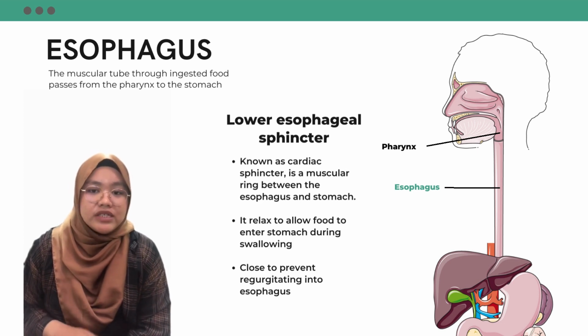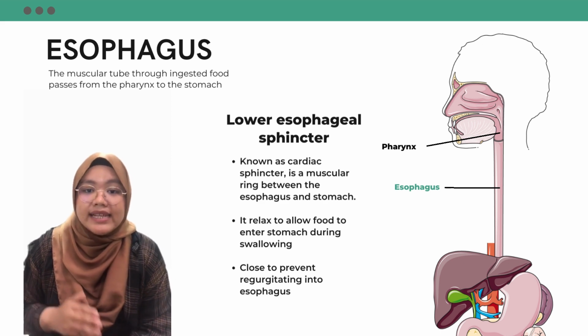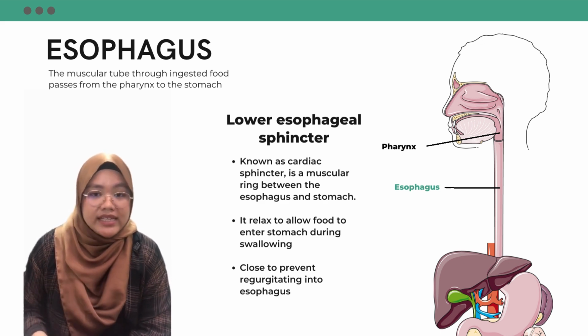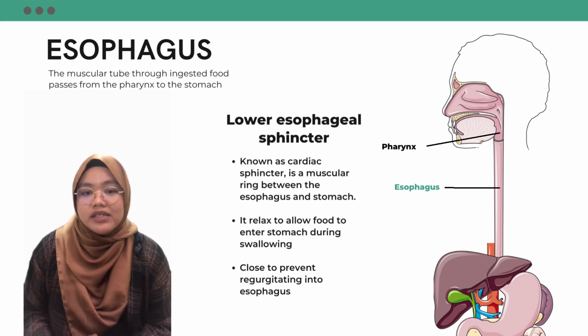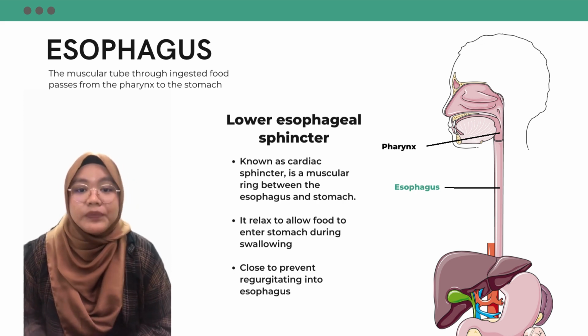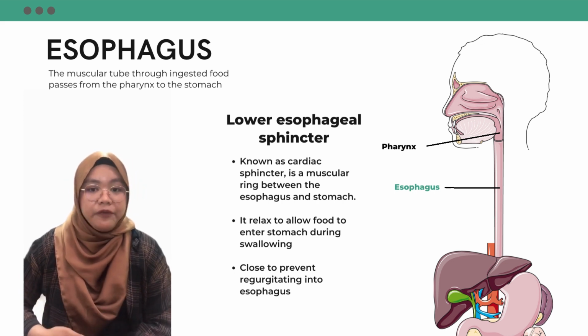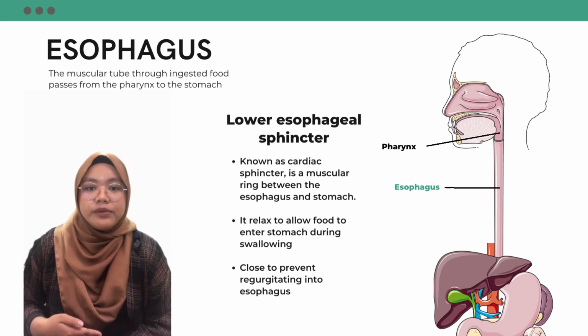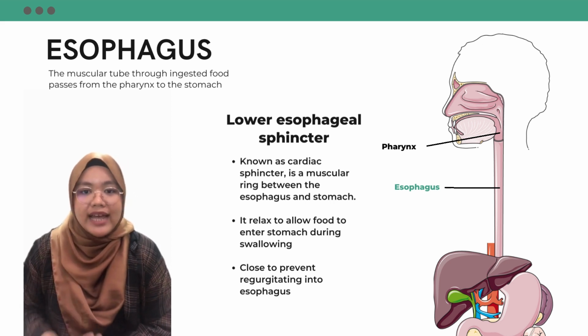The lower esophageal sphincter, also known as the cardiac sphincter, is a muscular ring between the esophagus and stomach. It relaxes to allow food to enter the stomach during swallowing. This sphincter opens and closes to prevent contents from the stomach regurgitating or flowing backward into the esophagus.